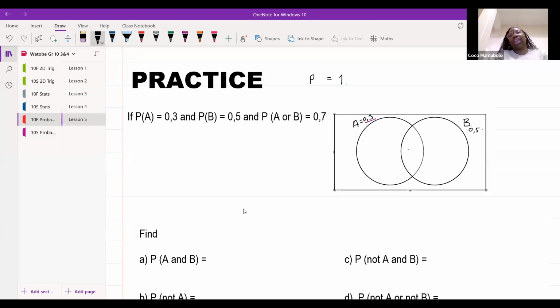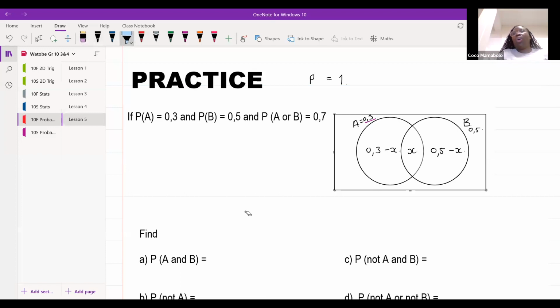So we can call the intersection X. That means this part over here would have to be 0,3 minus X, and this part over here will have to be 0,5 minus X.